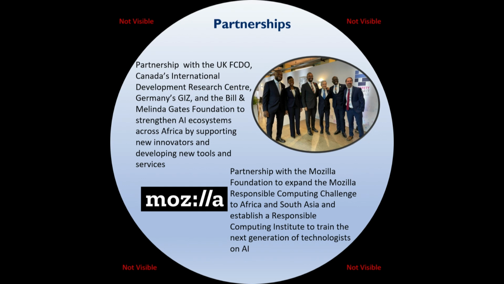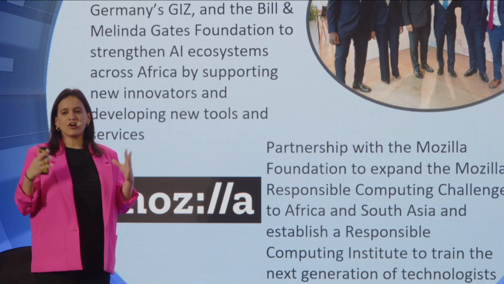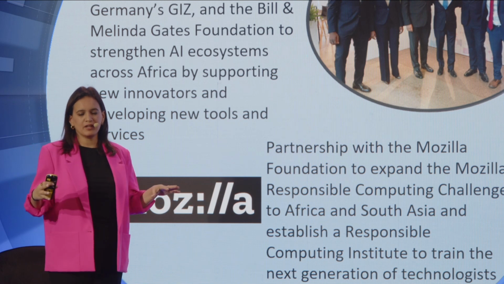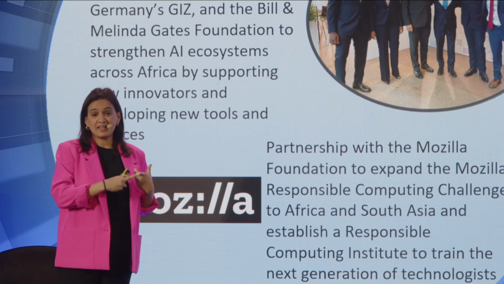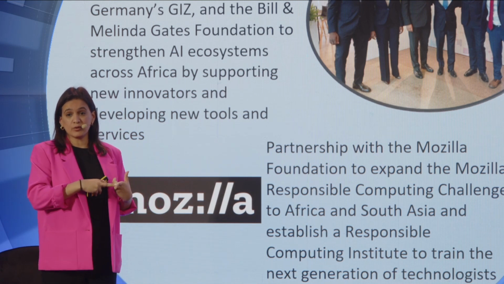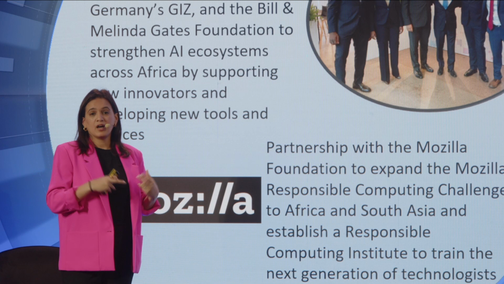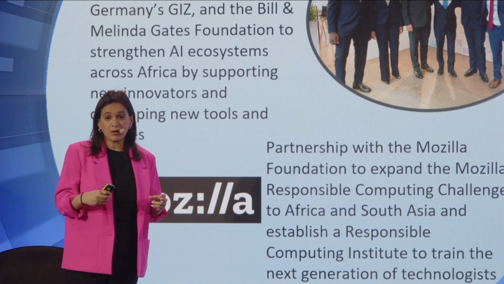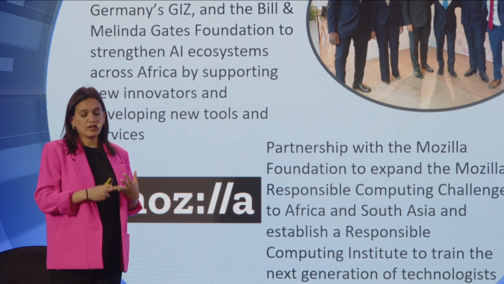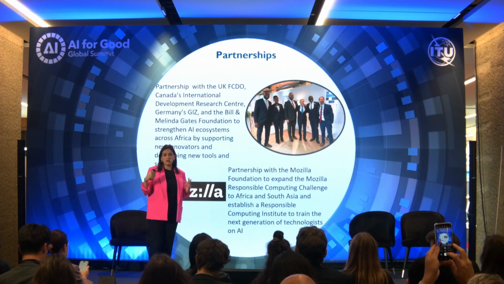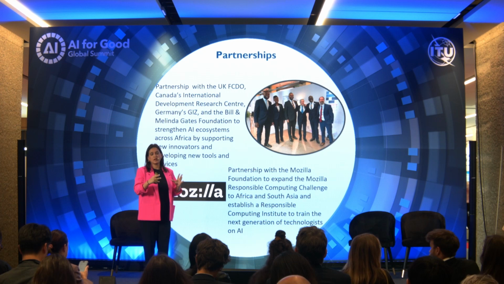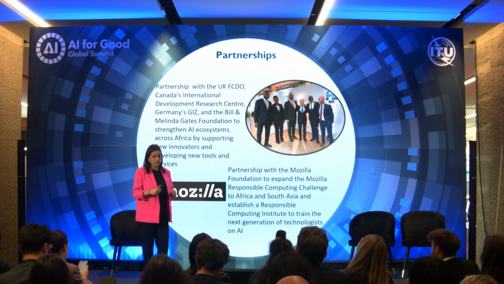Why don't we work together to target our investments so we can address many of these underlying issues? And these issues include access to data sets, specifically in local languages. They include increasing access to computing power, and they include building the local capacity. And so we've started with Africa and really thinking together about how we target our investments accordingly.